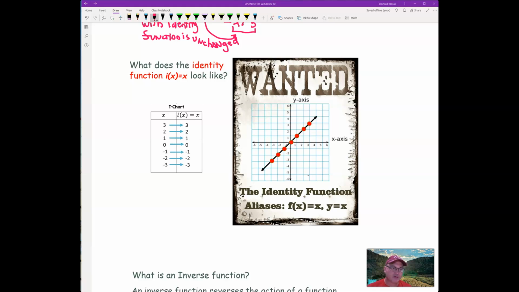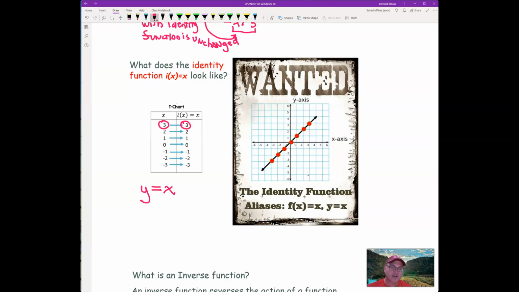Well, a few seconds ago I told you that the identity function is the same as y equals x. Whatever the x coordinate is, the y coordinate is the same. So 3, 3, 2, 2, 1, 1, 0, 0, -1, -1, etc. It's just a diagonal 45-degree line.